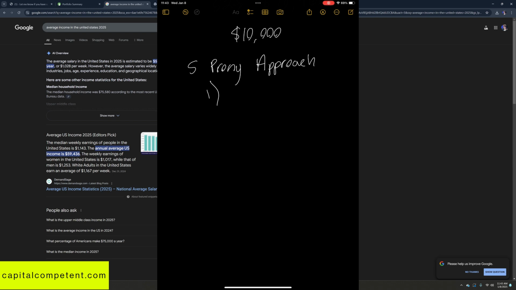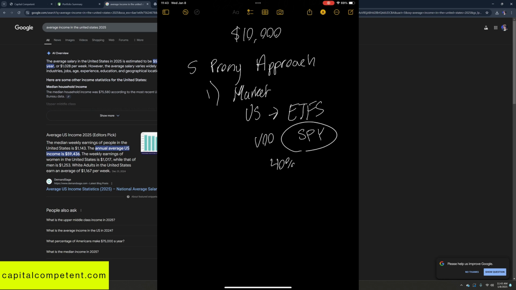What is that? For me, that is the market, right? The US market, aka ETFs, like VOO, and then my favorite, SPY. I love SPY. We are going to put 40% to 50% of our portfolio into this. Now, why?